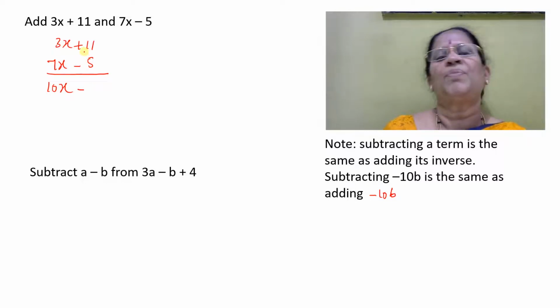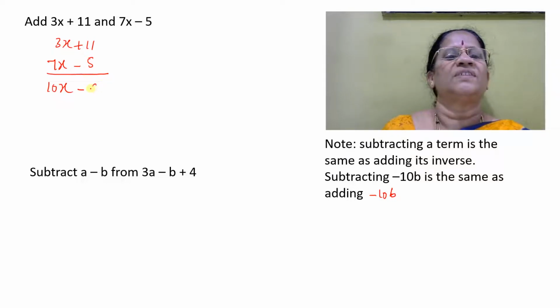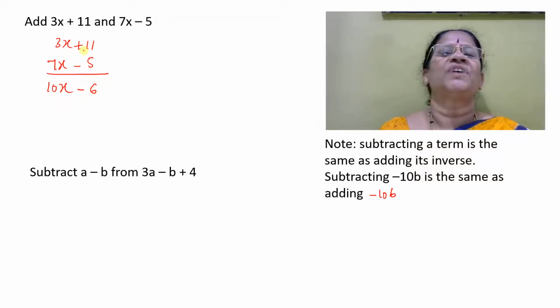And when you are adding a positive and a negative integer, you need to find the difference of those two numbers. Their difference is 6. Then you have to put the sign of the larger number. It is plus 6. 10x plus 6. Okay, so this is the sum we have got when we added 3x plus 11 and 7x minus 5.